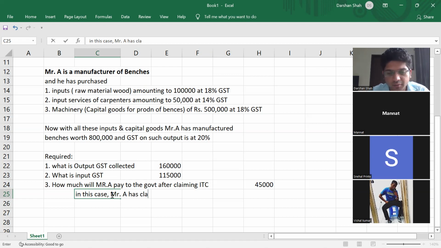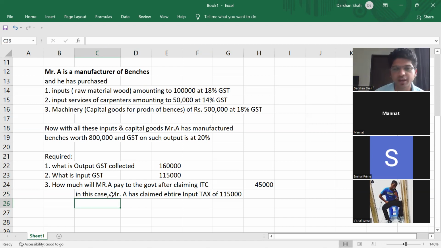Mr. A has claimed the entire ITC, right? The entire input tax of 1,15,000. He's collecting 1,60,000 from his customer, taking a credit of 1,15,000 on inputs and paying only 45,000 to the government.